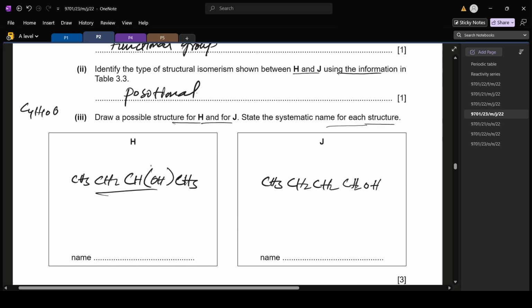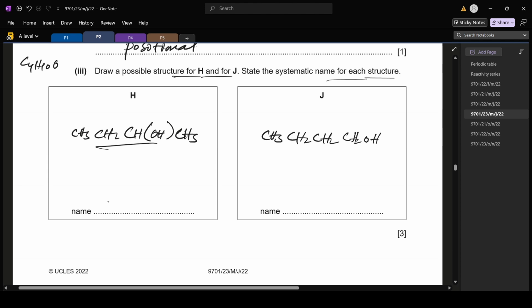Okay, the OH in H is attached to a carbon which is attached to two carbon atoms, so there is greater bonding. So this is butan-2-ol, and this is butan-1-ol.